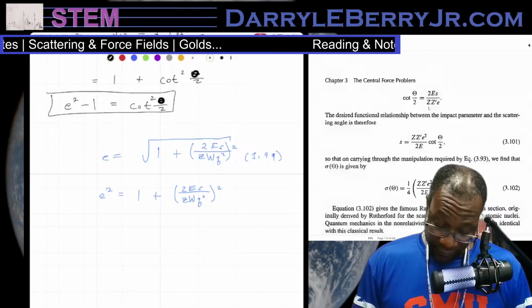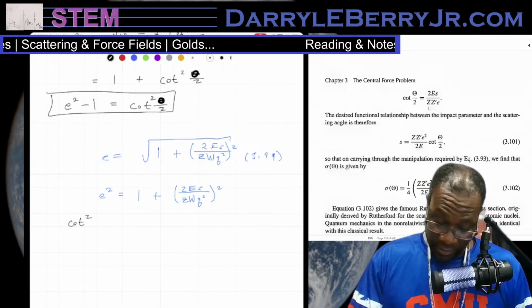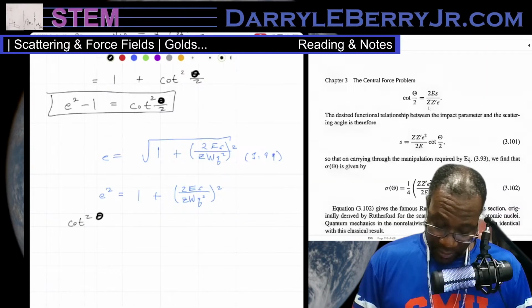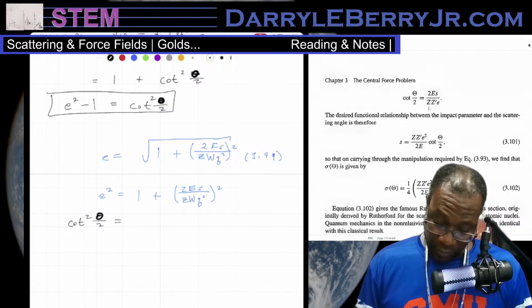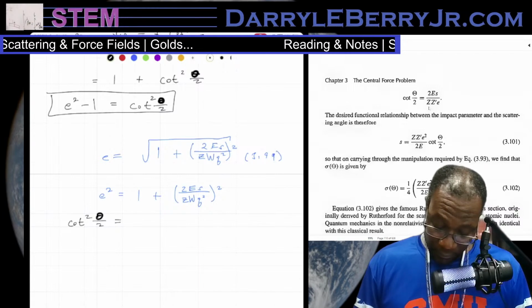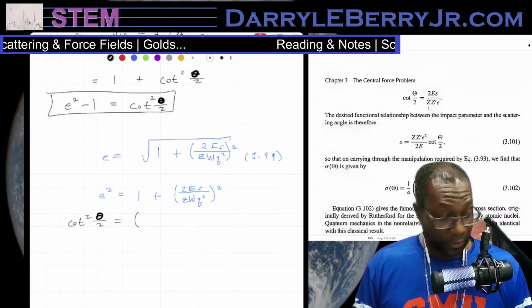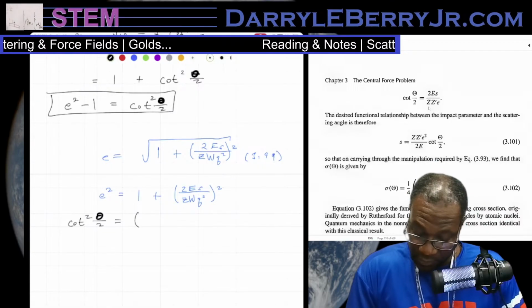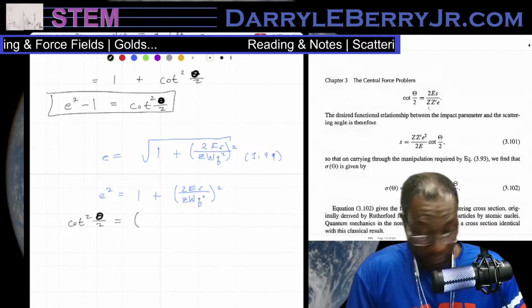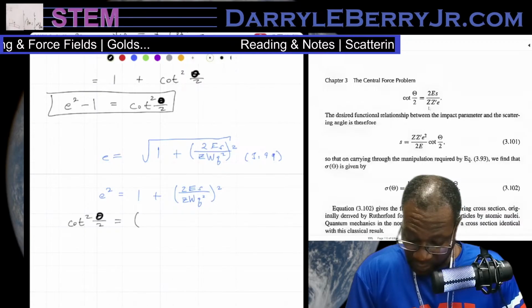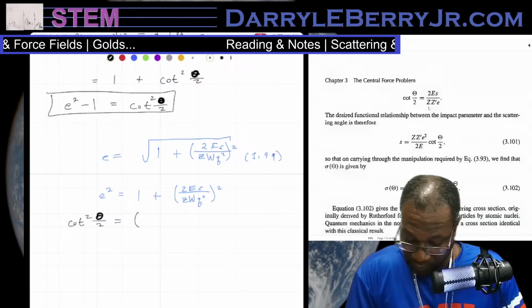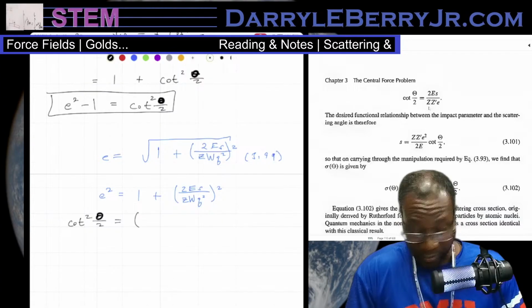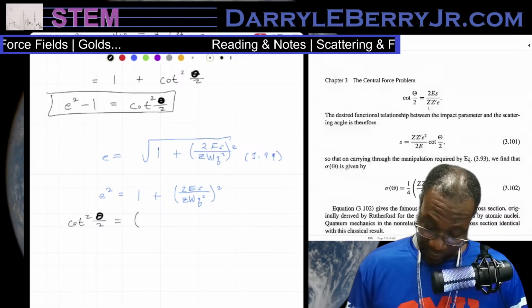So that means we have cotangent squared big theta over 2 equals, yep, no, hold up, it's all still squared. Oh, that's right, we can take the square root afterwards.